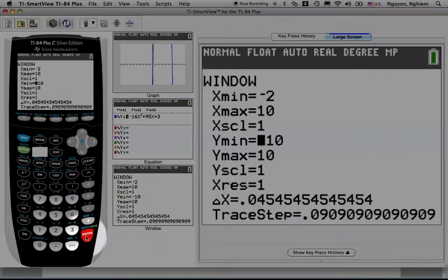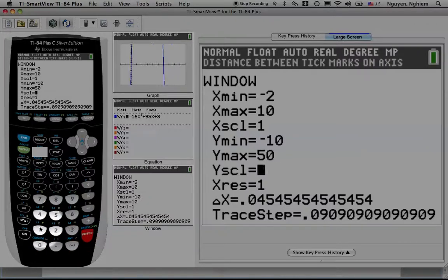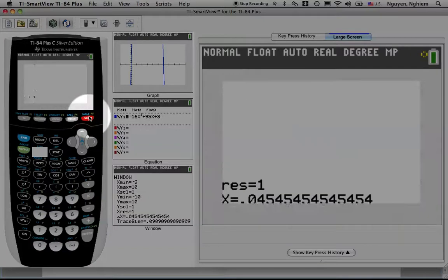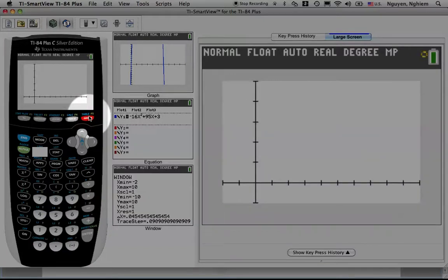And then finally, the maximum height, and this is really just a guess that we're making here. I'm going to guess that it reaches maybe 100 feet, that seems reasonable. And if I'm wrong, well, I just have to adjust. So hit graph. Oh, and it turns out I am wrong.